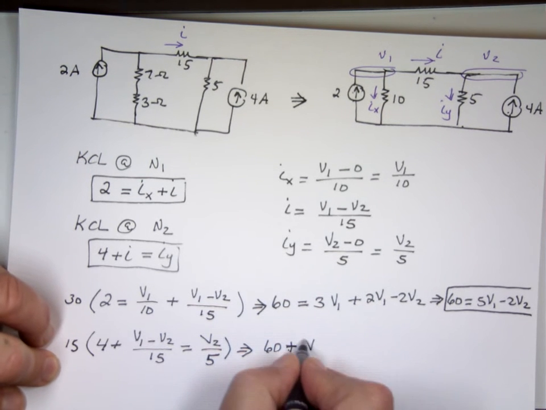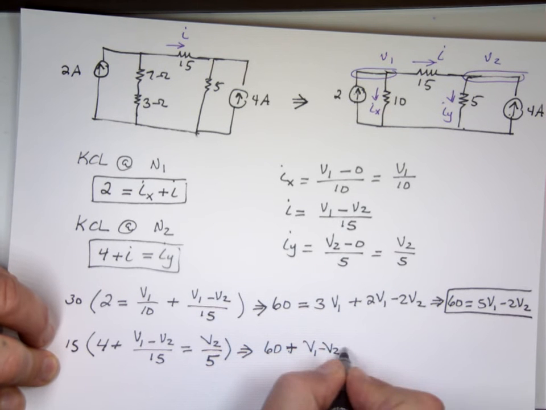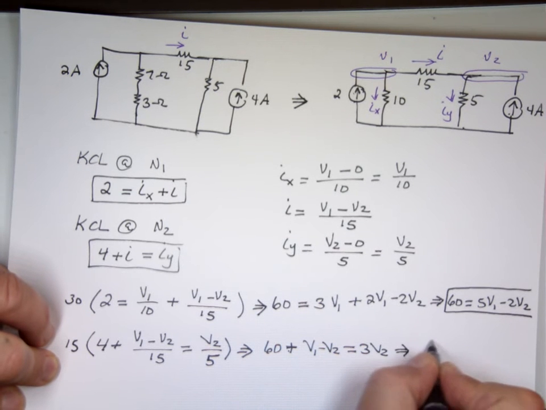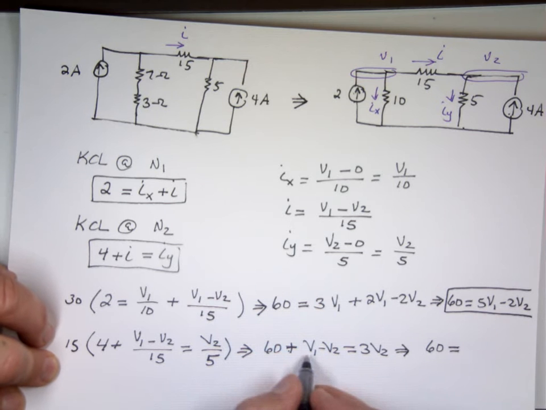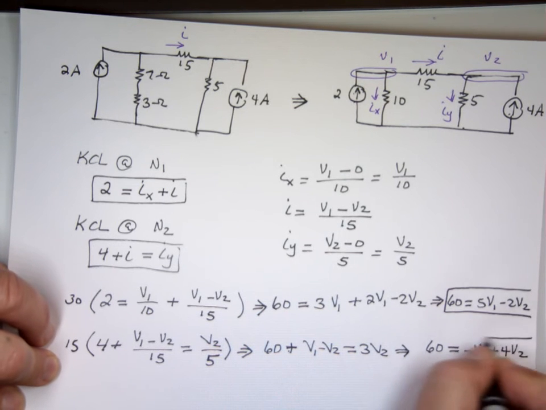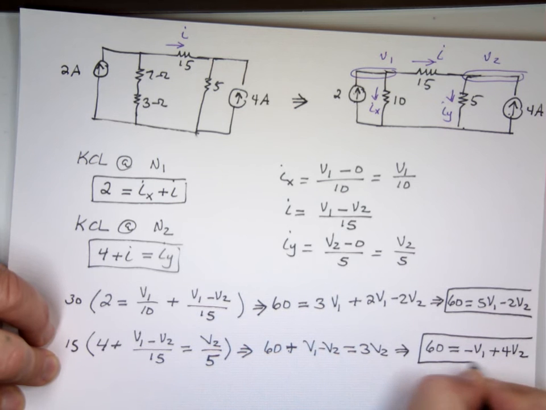V1 minus V2 equals what? 3V2? 60 equals negative V1, is it plus 4V2? There's my two equations by two unknowns, right here.